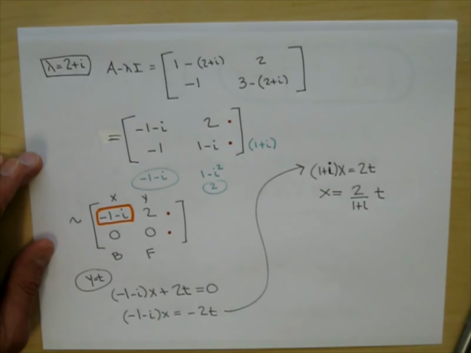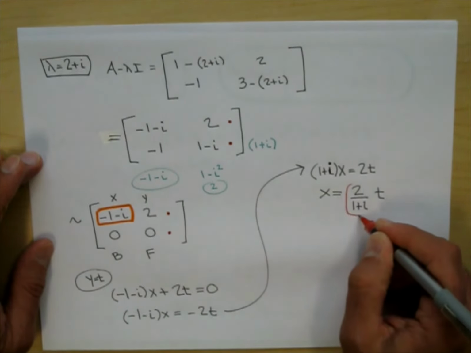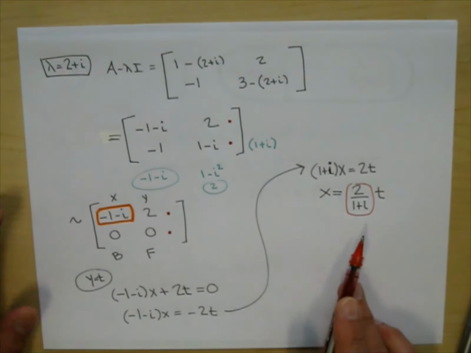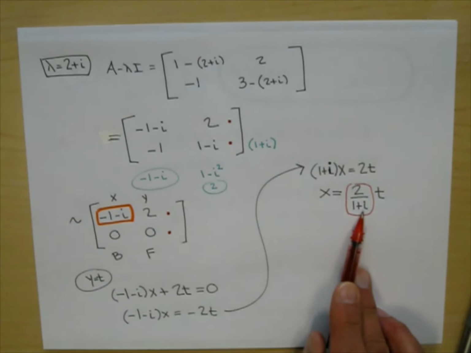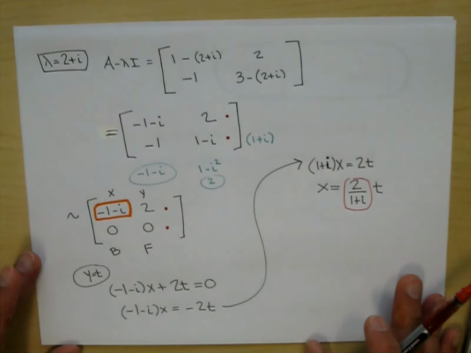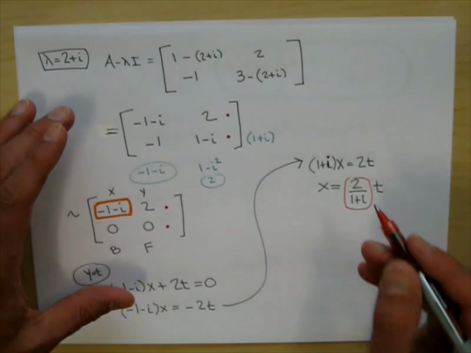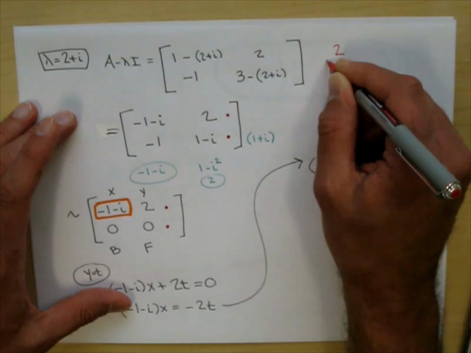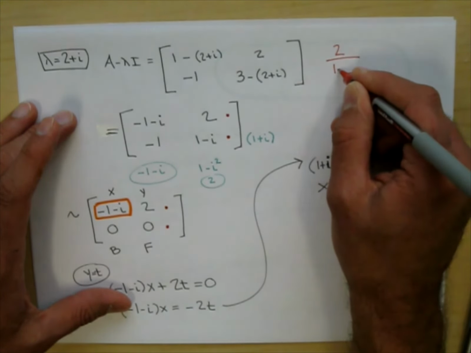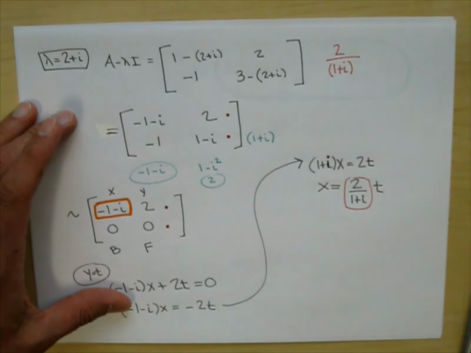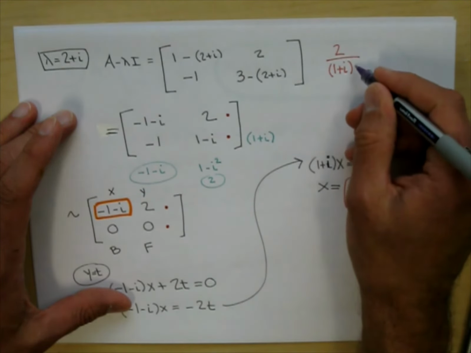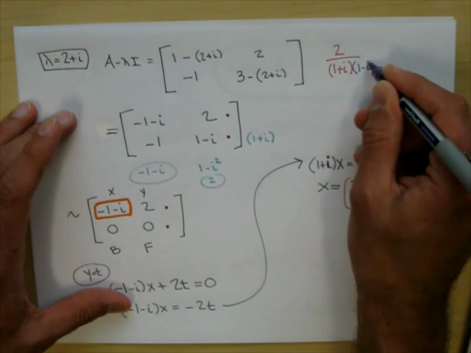So this guy right here is a scalar. The problem with this is we do not like to have imaginary numbers in the denominator. So what I'm going to do is a little algebra on the top right corner of this paper. I have 2 over 1 plus i. I'm going to multiply top and bottom by its complex conjugate, 1 minus i.